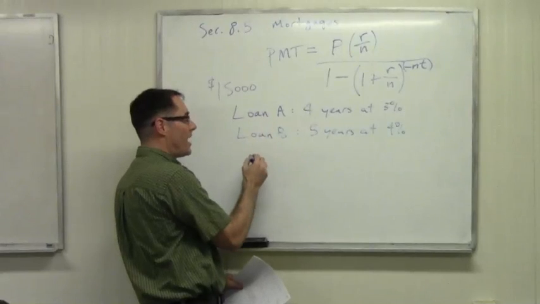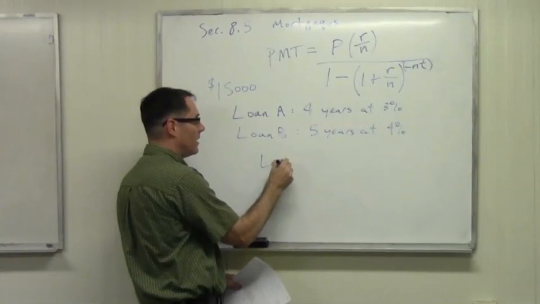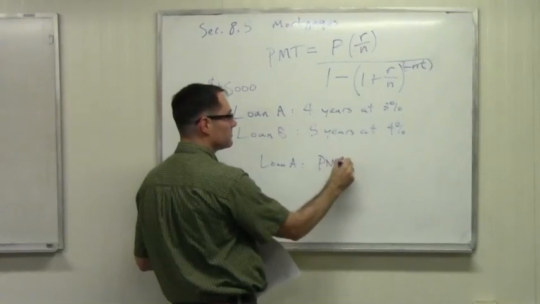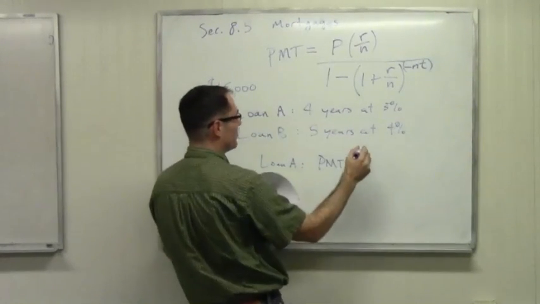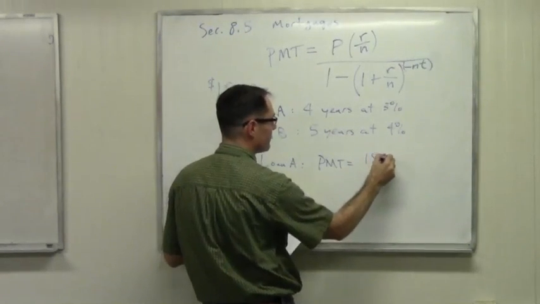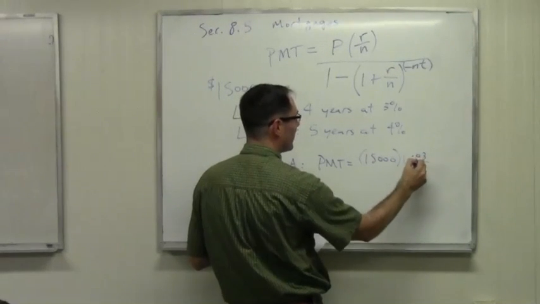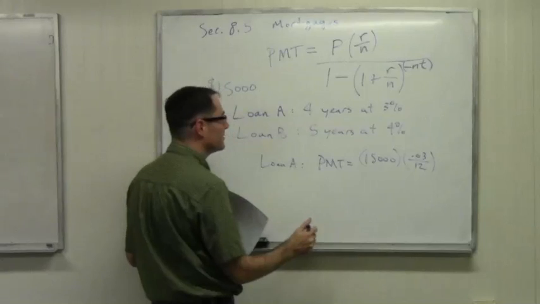For loan A, here's your payment. Your payment equals principal, which is $15,000, times the rate, which is 0.03, divided by 12, because you're still doing monthly payments.